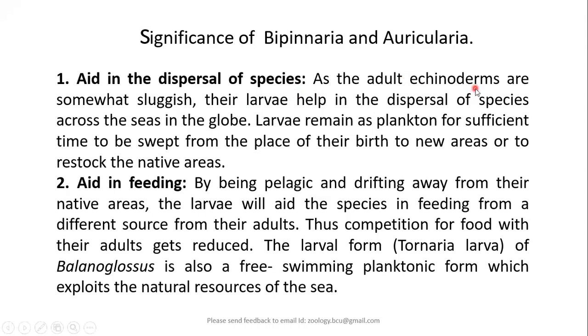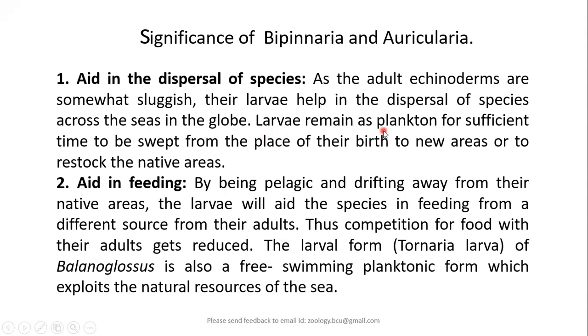As the adult echinoderms are somewhat sluggish, they cannot disperse themselves all over the world. Therefore, their larvae, which are pelagic, free living and swimming, help in the dispersal of species across the seas all over the globe.